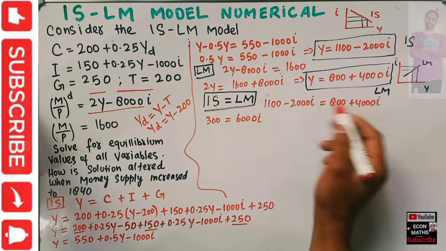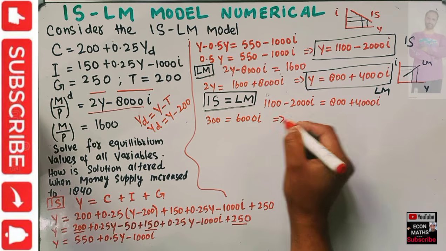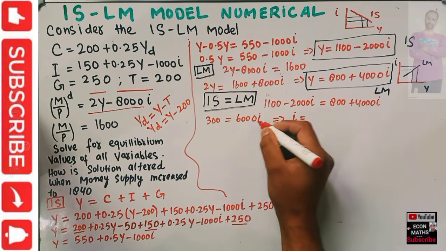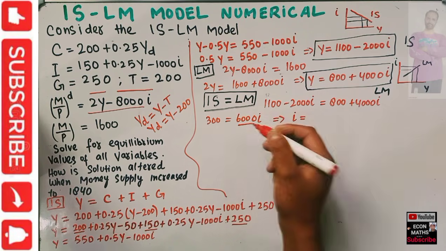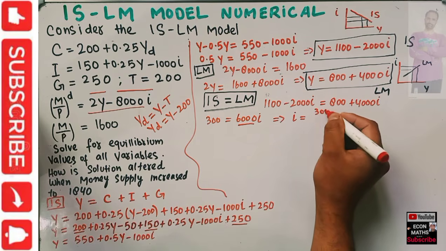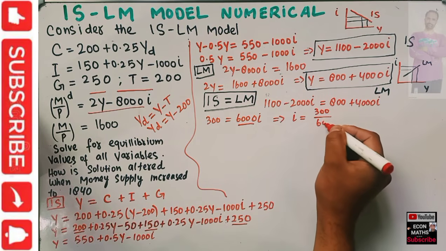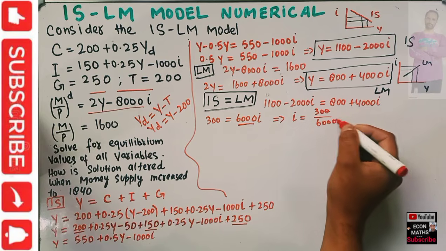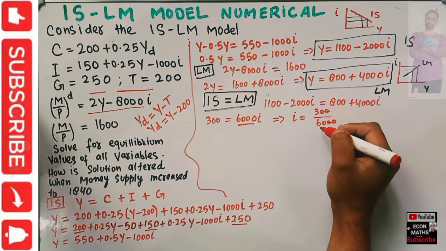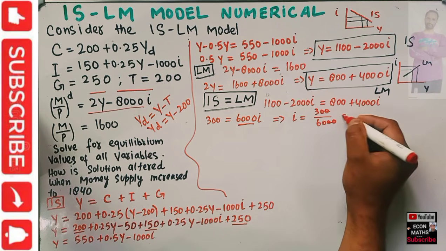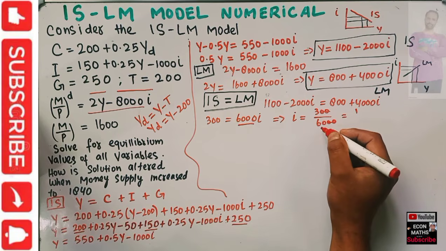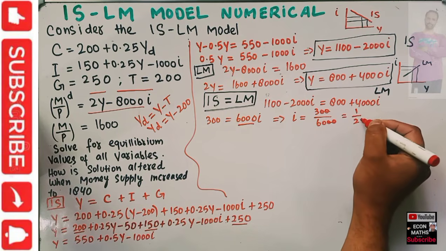So this is 4000 plus 2000 is 6000, which implies our i will be equal to, if I transpose this 6000 here, it will get divided, which is 300 upon 6000. Okay, so two zeros will get cancelled, we are left with 3 upon 60. So 3 ones are 3, 3 20s are 60. So we got 1 upon 20.